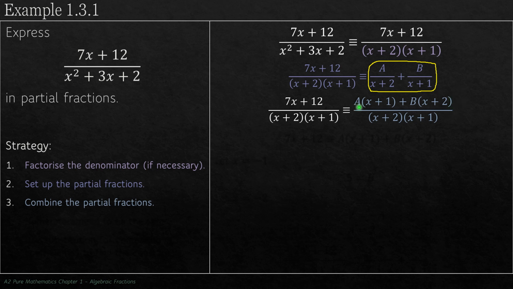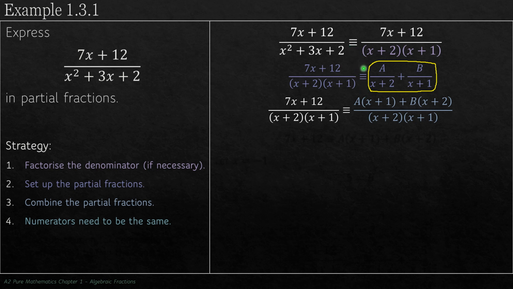We get quite a long, complicated numerator, but that's just the way it is at the moment. Crucially, we should have the same denominator on each side, because that leads us to our next step. We can now make the conclusion that our numerators need to be the same.